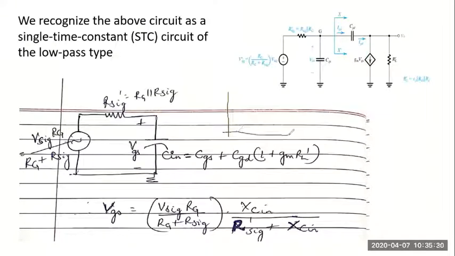Its frequency response is constant at low frequencies, and it decreases at high frequencies. So we are trying to analyze that part only. We have shown that the complete MOSFET common source amplifier behaves like a low pass RC circuit at high frequency of operation. So we have reduced the complete circuit to this form.